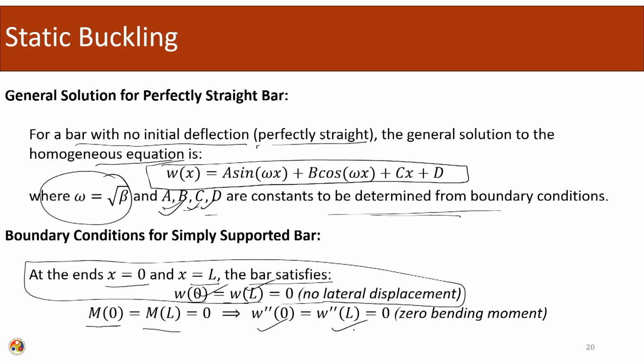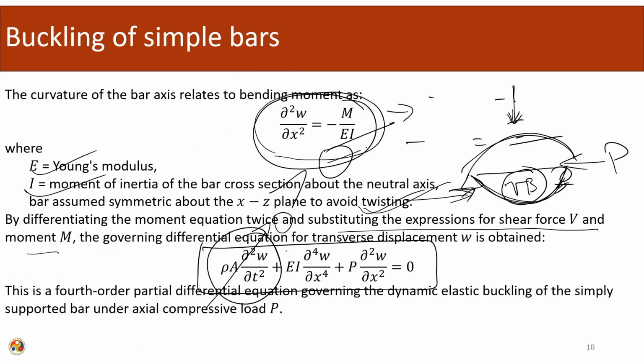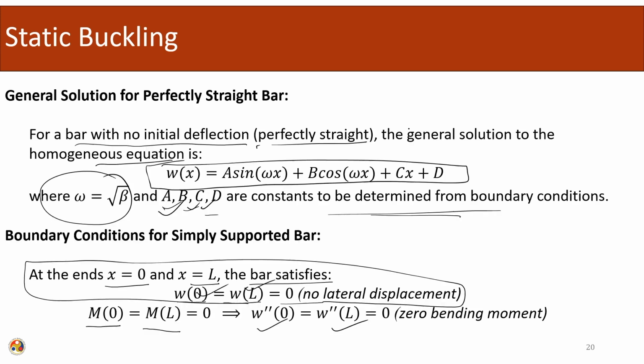For a simply supported case, the bending moment at these two ends is 0. Then we put this condition into the Bernoulli beam equation, and the second derivative is 0, denoting that the bending moment is 0.